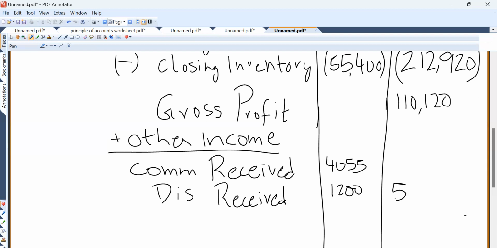Total is going to be 5,255. We'll add gross profit and other income. This will become 115,375.